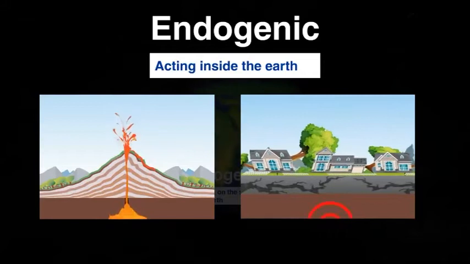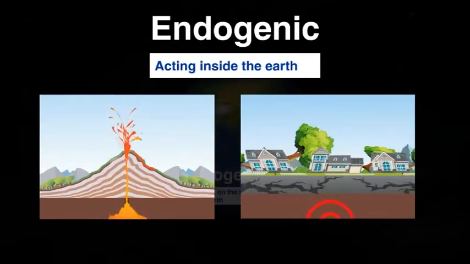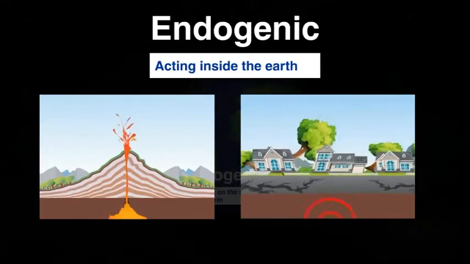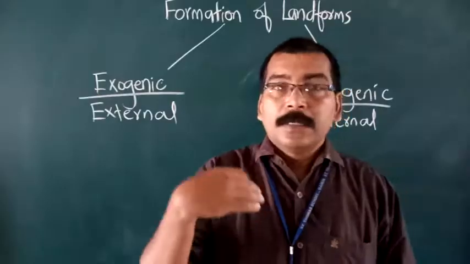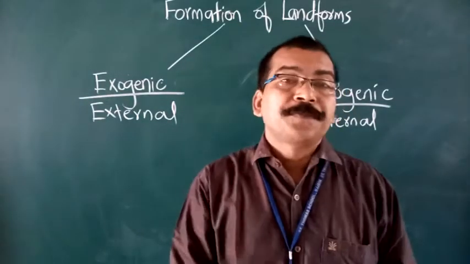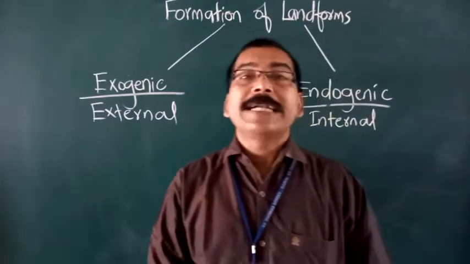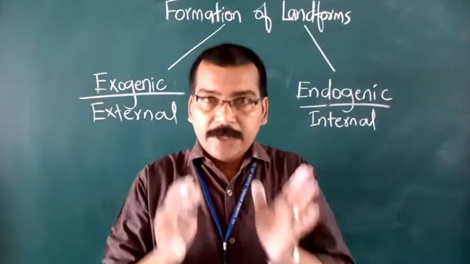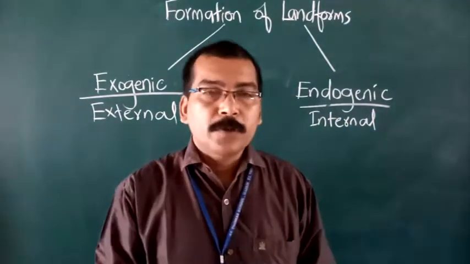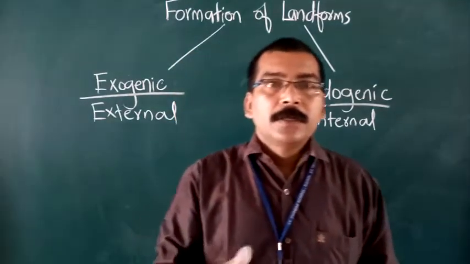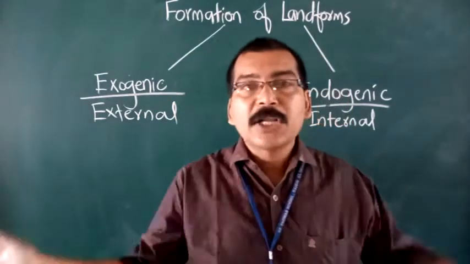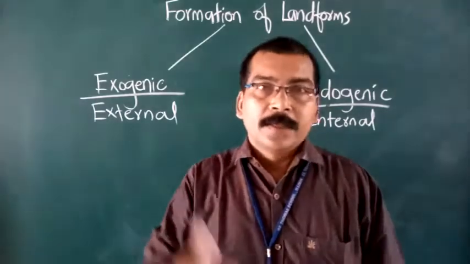You know, outside the earth, a large number of changes have been taking place. They are caused by the agents of denudation. Denudation is the process through which the landforms are continuously altering.